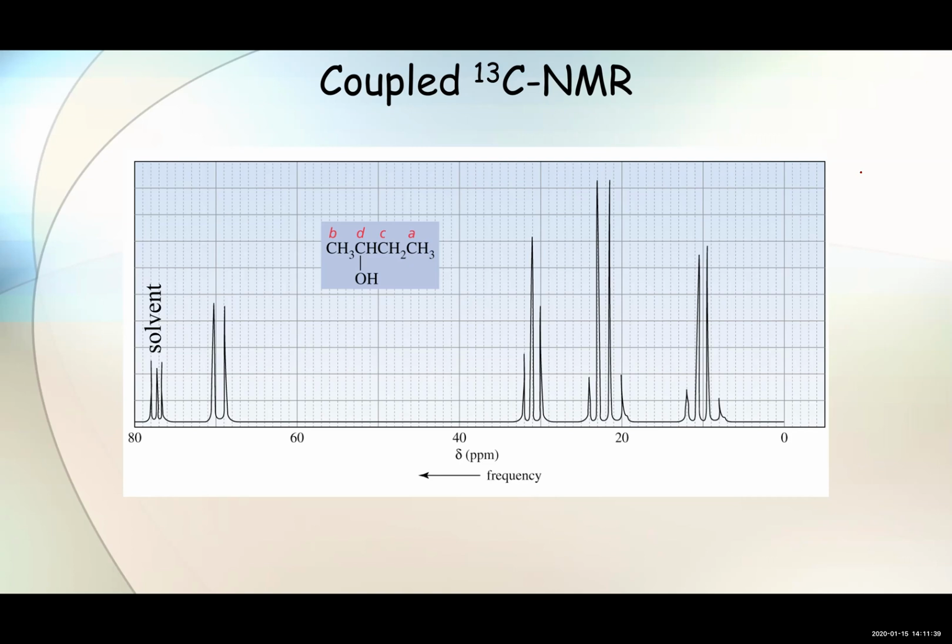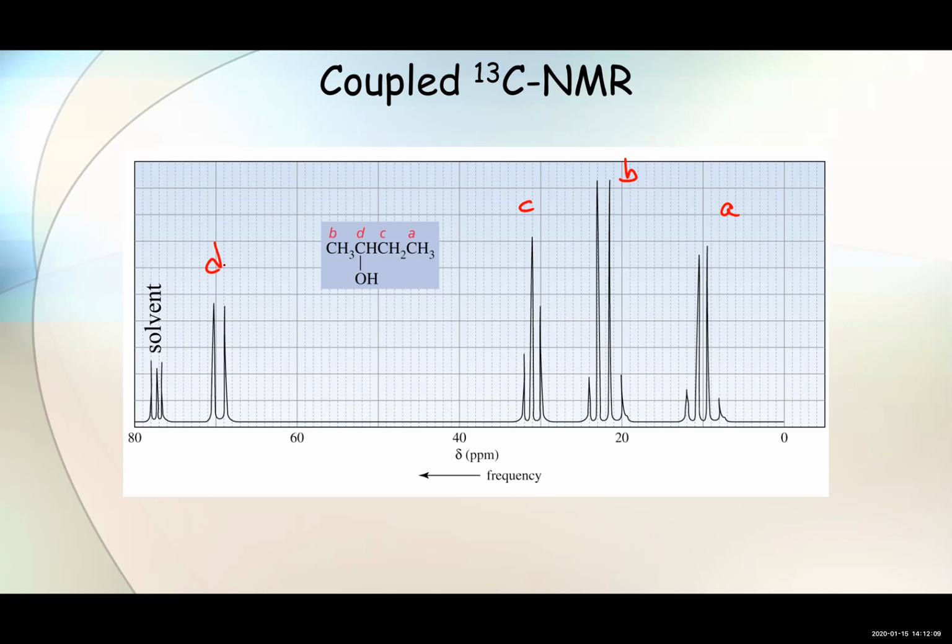So again, A, B, C, and D. And there's different ways to accomplish this coupling. We're going to look at something called DEPT. It's a different kind of NMR. It's not covered in your textbook, but we do use it in lab all the time when we do carbon NMR. But if you look at A here, this is a quartet, right?